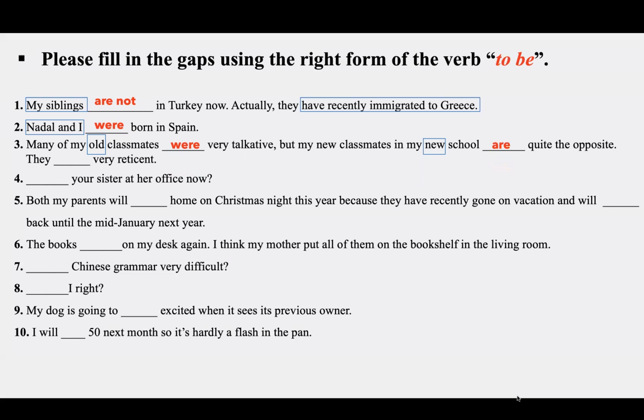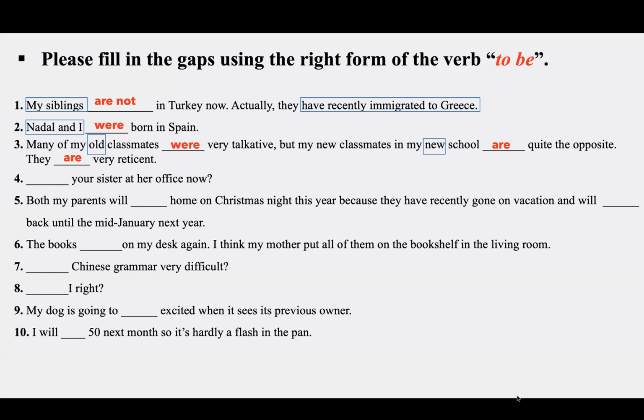So it should be are, quite the opposite. And talking about the same subject, my new classmates, they are very reticent. Reticent is the opposite of talkative. If a person is reticent, that person is silent. That person doesn't like talking about his or her privacy or his or her life. Doesn't want to share much about his or her life. So like kind of silent person.